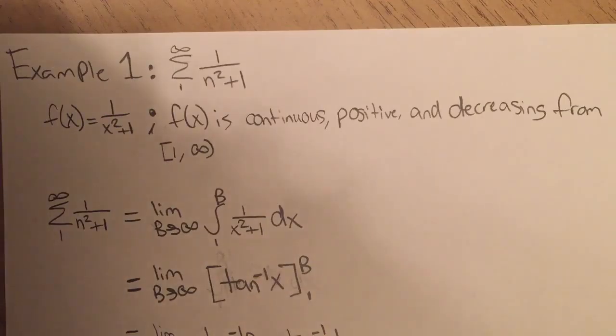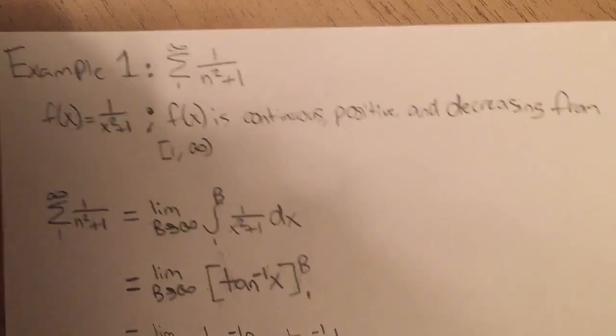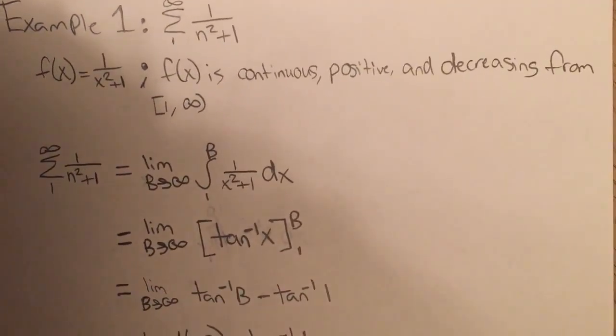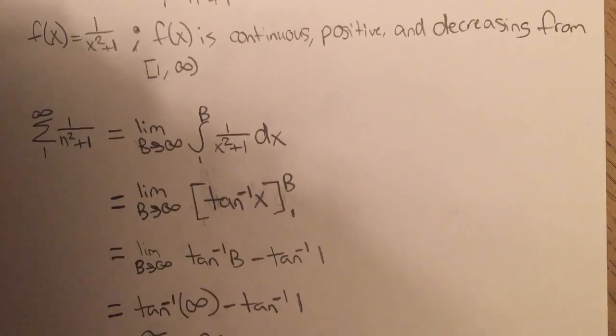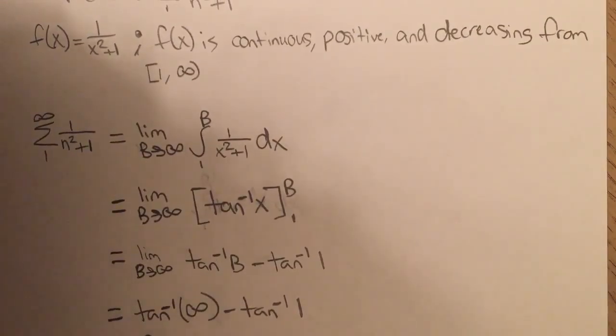Now we're going to plug in those two values into the equation and then subtract them from each other, so that we get the limit as b approaches infinity of the inverse tangent of b minus the inverse tangent of 1. Now, the inverse tangent of infinity just happens to be pi over 2, and the inverse tangent of 1 is pi over 4.